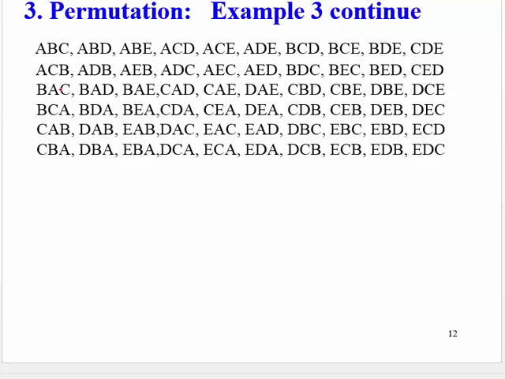But then you can permute. 3 factorial is equal to 6 for each one of these. Like ABC, you can have all the permutations of it, CBA, right? And same thing here, ACD, you're going to have ADC, CAD, etc. So there's 10 distinct types, but then you have all the permutations for each type. So it's 10 times 6 or 60 of these. And there they are.